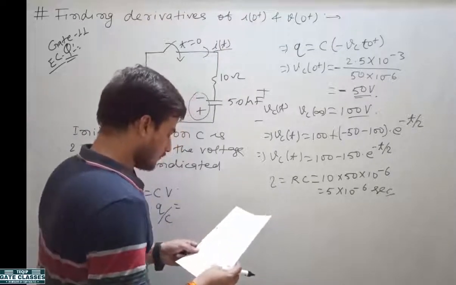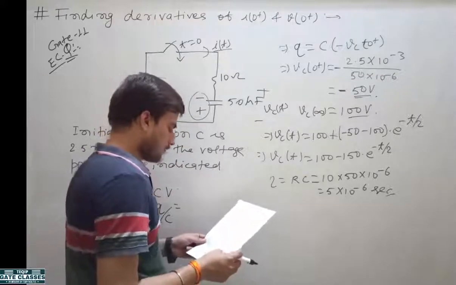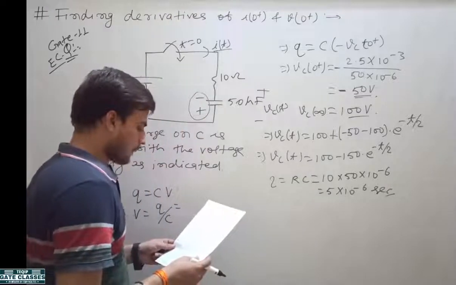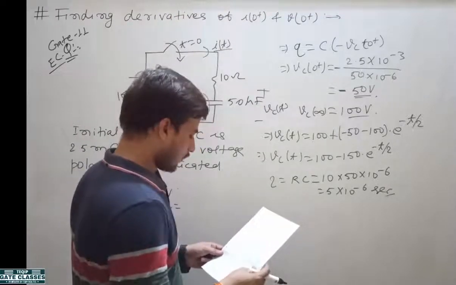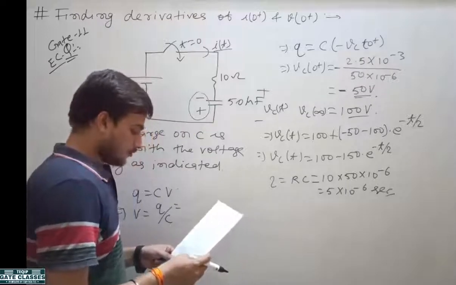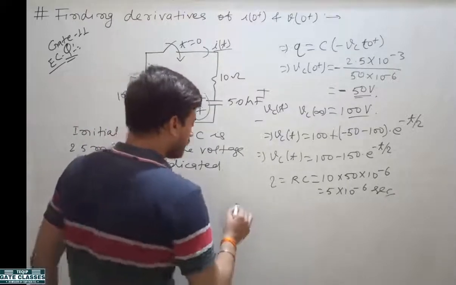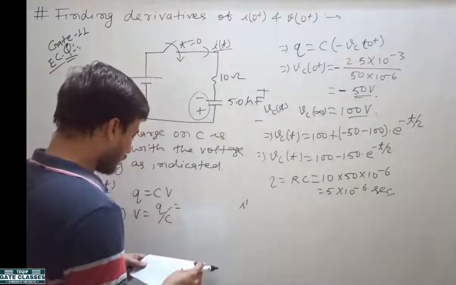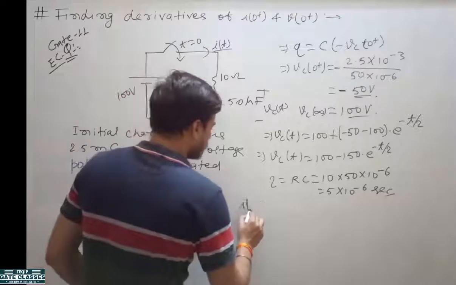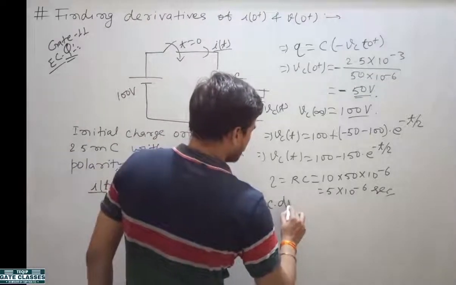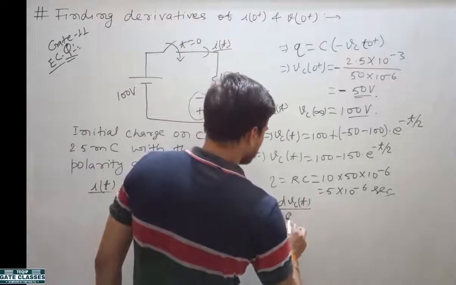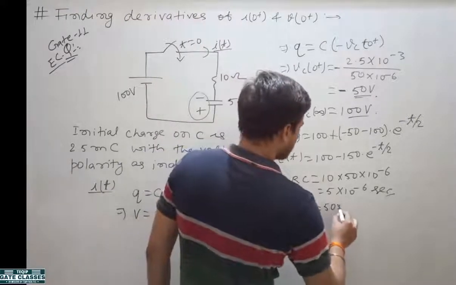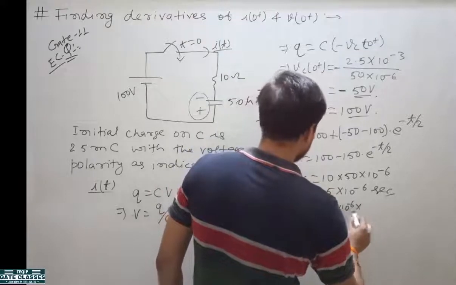Next, what will you do? We have to find the expression for current i(t). How will you find it? Current i(t) is equal to C into dVc(t) upon dt. So the value of C is 50 into 10 to the power minus 6, into dVc upon dt.